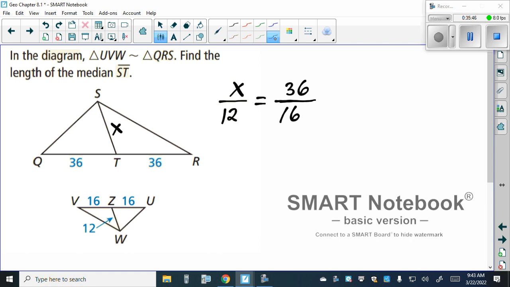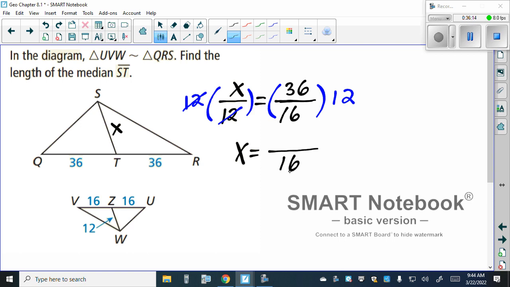Now what do we do? Multiply both sides by 12. Here the 12 and 12 will cancel out. They will simplify to, really they're simplifying to 1. Because 12 times 1/12 is 1. Now on the other side, we're doing 36 divided by 16 multiplied by 12, yes?